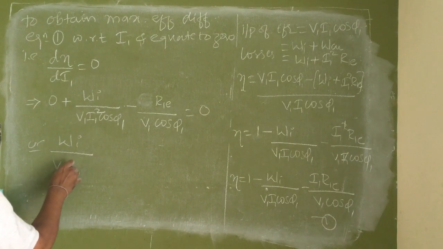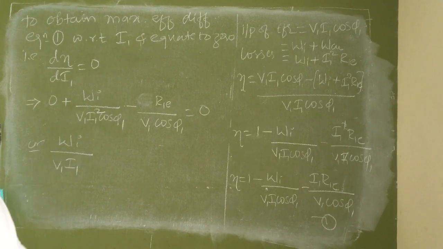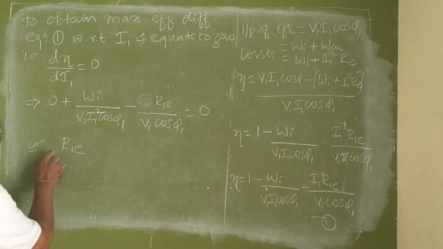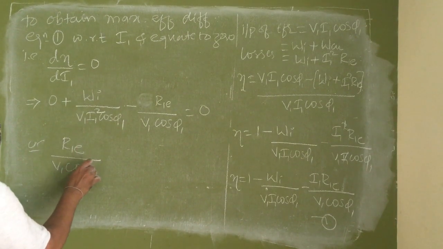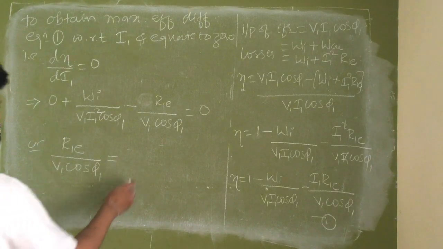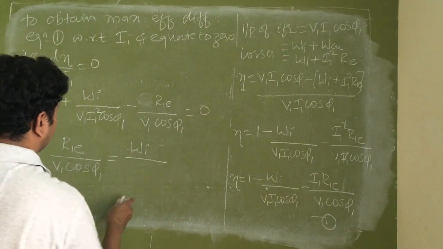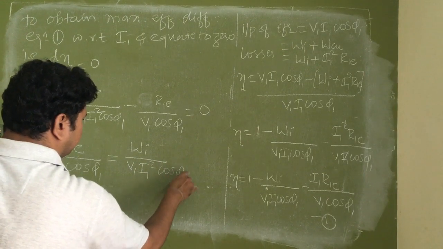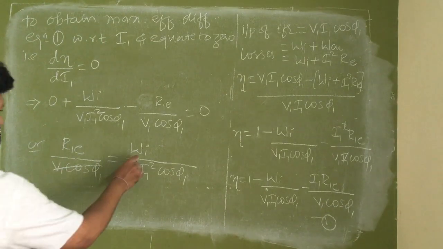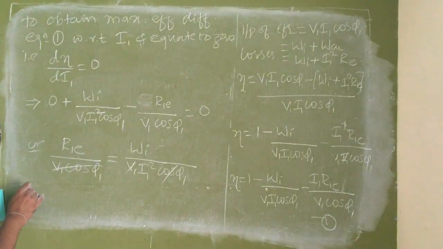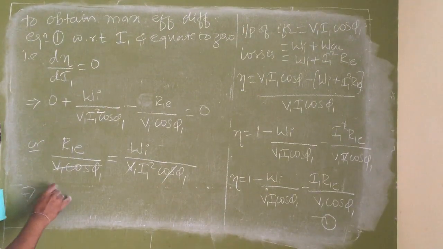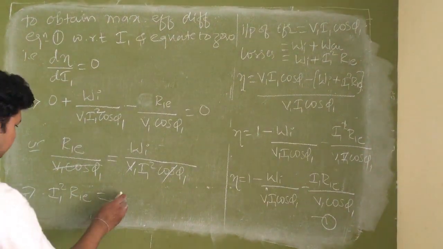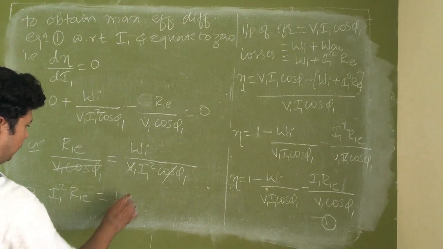So R1e upon V1 cos phi 1 equals Wi upon V1 I1 square cos phi 1. V1 and cos phi 1 cancel, which implies I1 square R1e equals Wi.